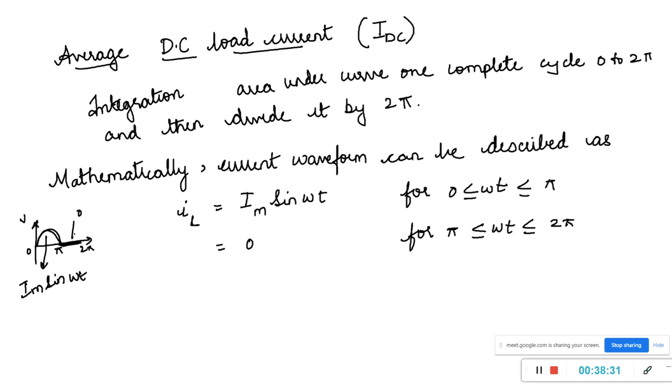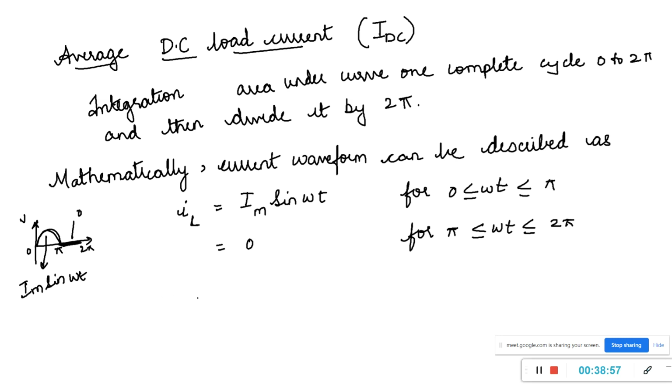Hence the current is also 0 because the diode is not conducting, it is reverse biased. So during the negative half cycle of the applied AC voltage, the diode is reverse biased, no current, no voltage. Hence for the duration 0 to pi there is current, and for pi to 2 pi there is no current. So mathematically we can write it like this.